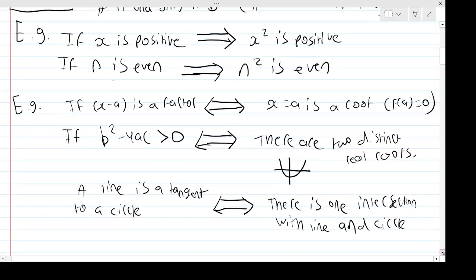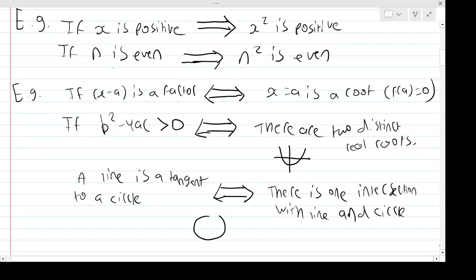Remember, if I draw a little picture, if you have a circle, think back to when we looked at circles. If there was only one intersection between a line and a circle, that means it has to be a tangent. It touches the circle at that point only. So if we were told a line is a tangent to a circle, that also implies there's only one intersection.